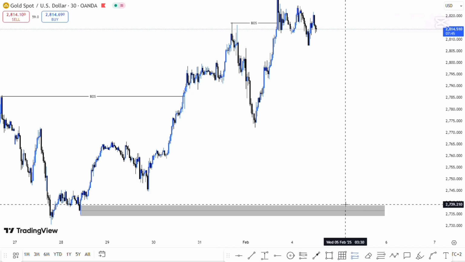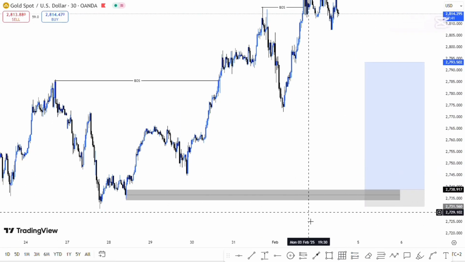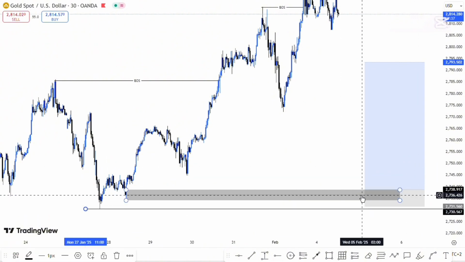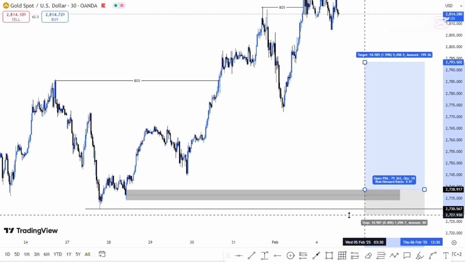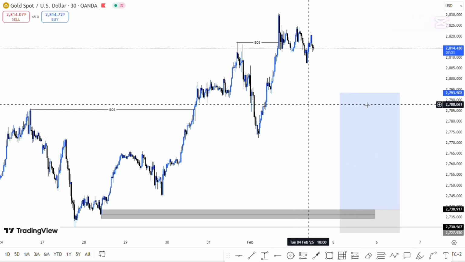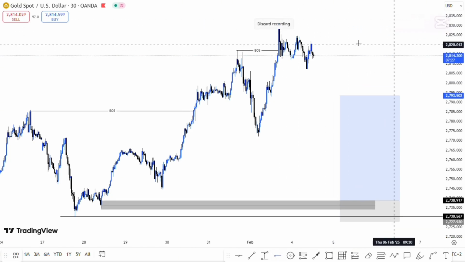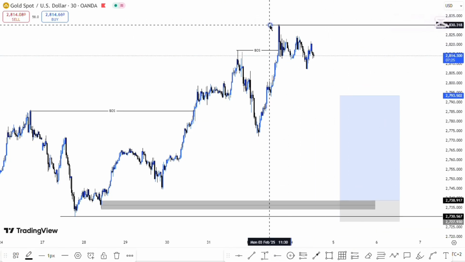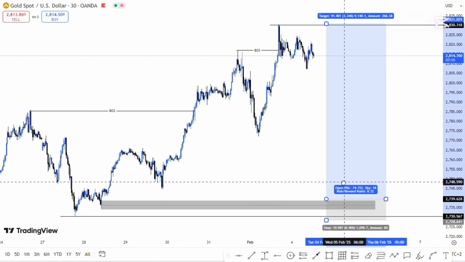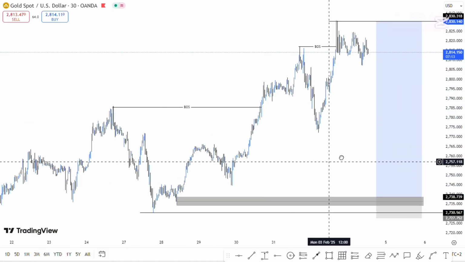So now let's put my long position. Our stop loss will be below the last rejection wick right there. Then we'll be targeting the high. So right there we have our position set.